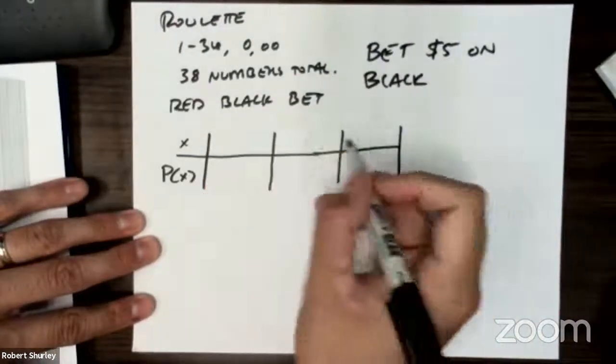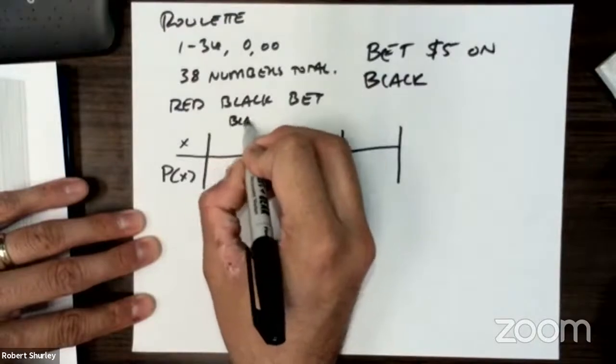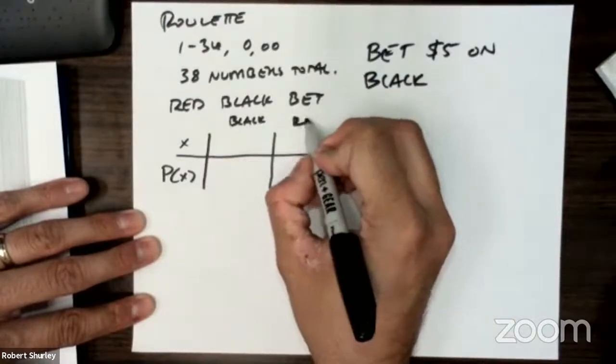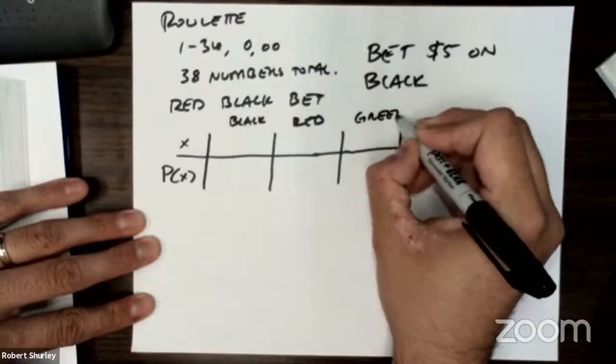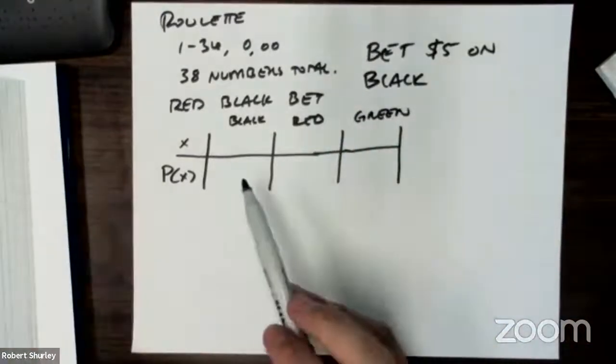You could land on black, you can land on red, and you can land on green. So we need to look at the output.